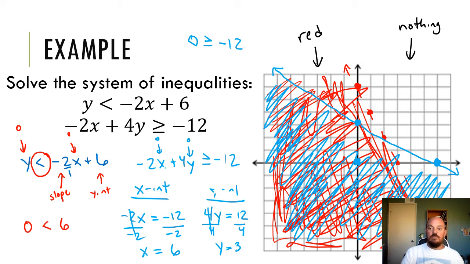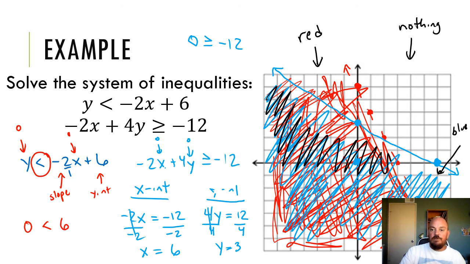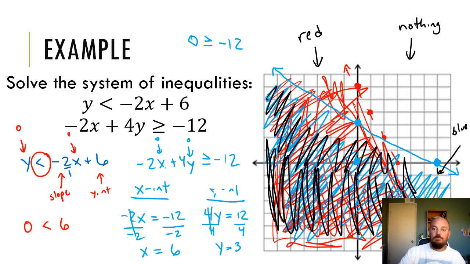That's definitely not the answer. Number 3, you have this area down here, which is blue only. That's not the answer. The answer is this area down here, and I'll kind of go over it in black again. This area down here that is both red and blue.